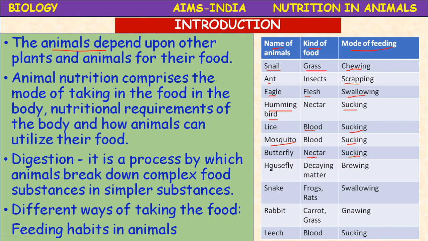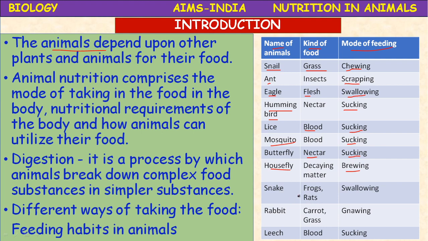Next, housefly. Housefly feeds on decaying matter. The method is called sponging, and sponging and sucking type of mouth parts are present in the housefly. It dissolves the food material by spitting saliva on the food, and after dissolving it, it absorbs it.